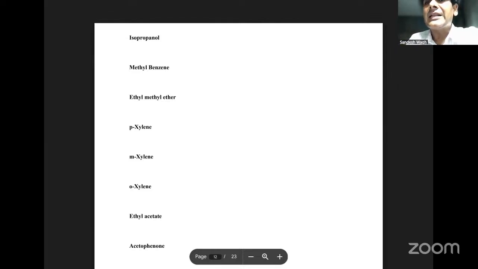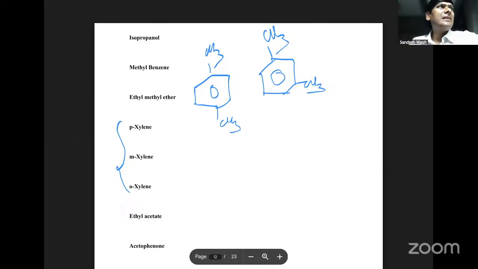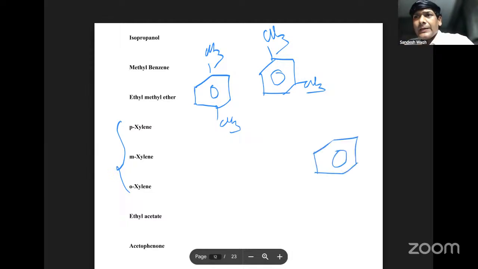Now let's see another example, xylenes. There are 3 different xylenes. So I'll write the structures here. This is paraxylene, there is metaxylene, and orthoxylene.